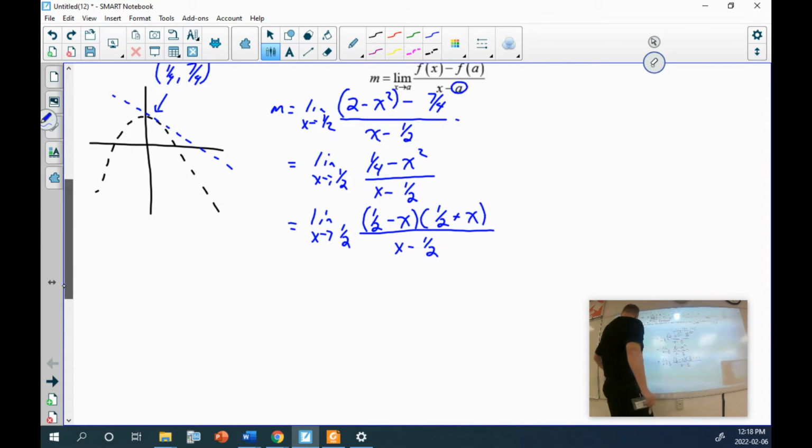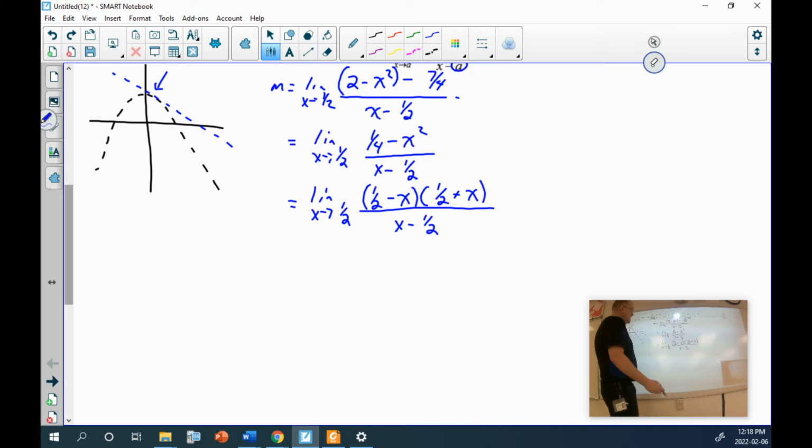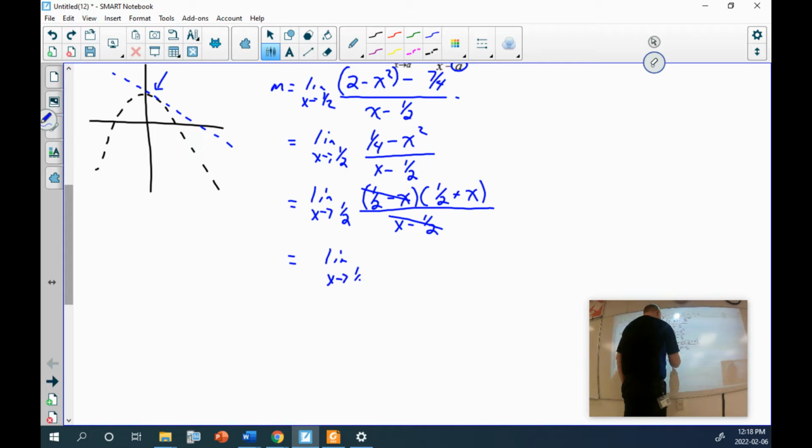Now, I can't cross off directly, but if I change the signs, I would be able to. So the limit as x approaches 1/2 of negative (1/2 plus x).